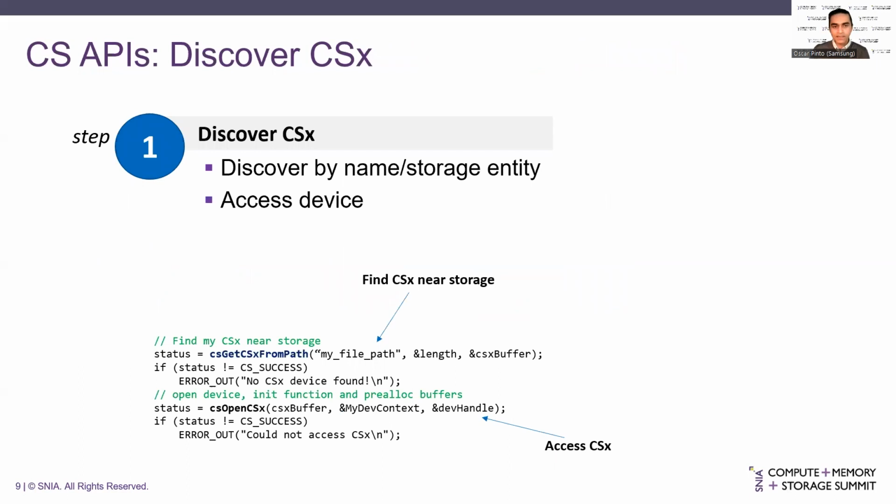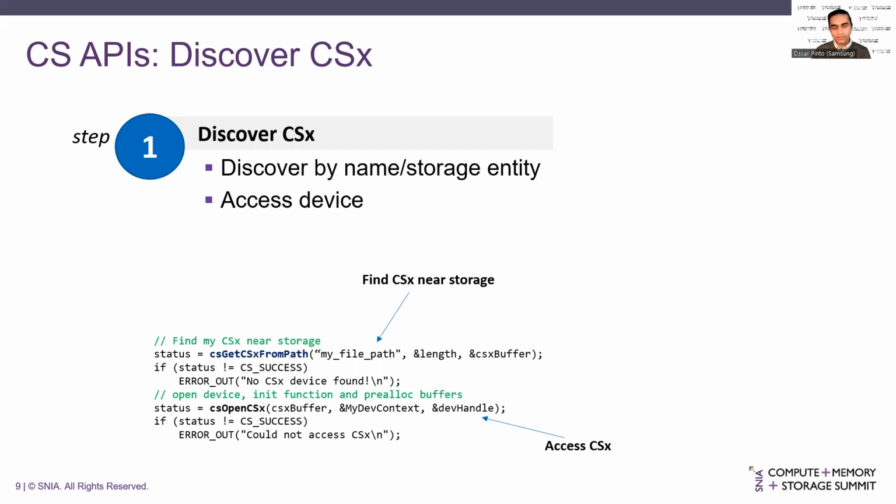So discovering a CSX. We have an API called get CSX from path, wherein you provide the path to your storage. The outcome is that the API will find out the nearest compute available for that storage path.